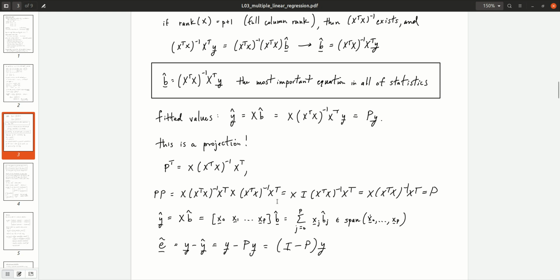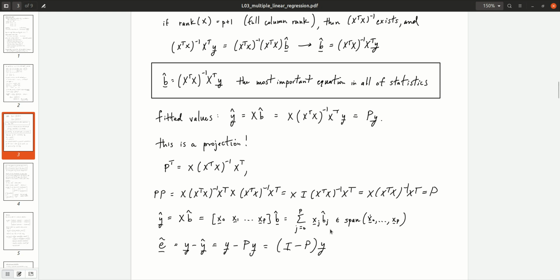We get x0 times b hat 0 plus x1 times b hat 1, and so on, up to xp times b hat p. So you get this equation, sum over j, xj, b hat j. Now, if you inspect this equation, this is just a linear combination of the covariates.